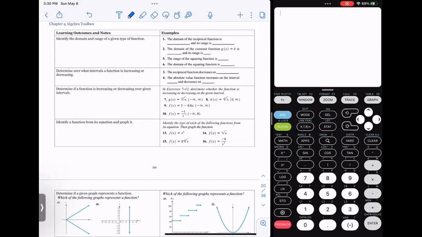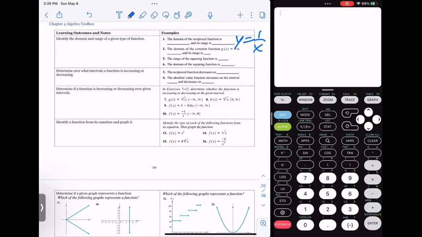Now, keep in mind, domain is the interval of x values. How I would describe it is the interval of x values that you're able to use. And the range is the interval of y values that you're able to get.